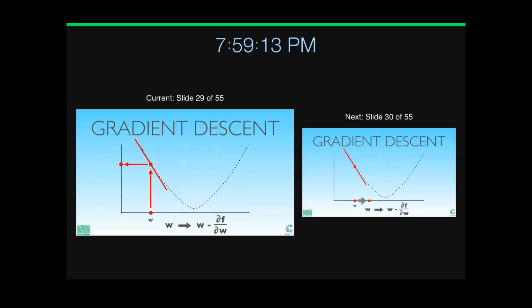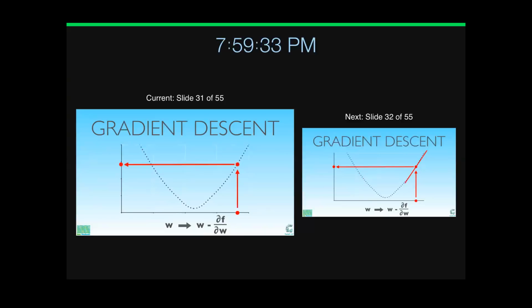So W minus a negative number is equal to W plus a positive number. So it's going to take W and move it to the right, which is exactly what I wanted.